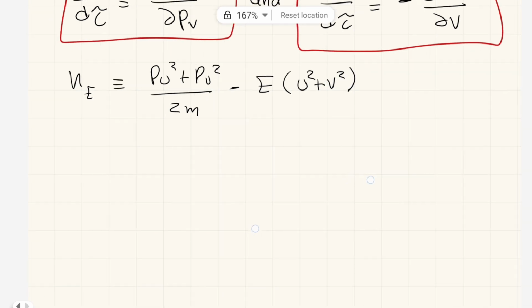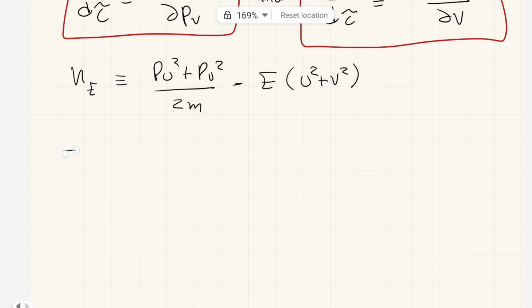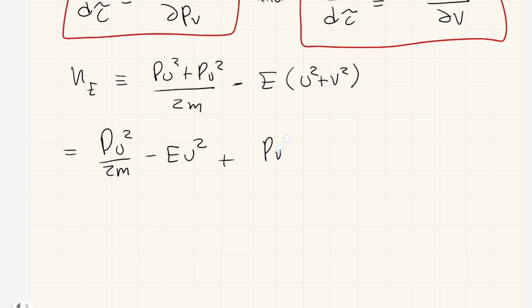Something that we can see is that we can separate this function as two functions, one of u and p_u, and the other one of b and p_b. For example, we can say that this is p_u² divided by 2m minus e u², and then plus p_v² divided by 2m minus e b².